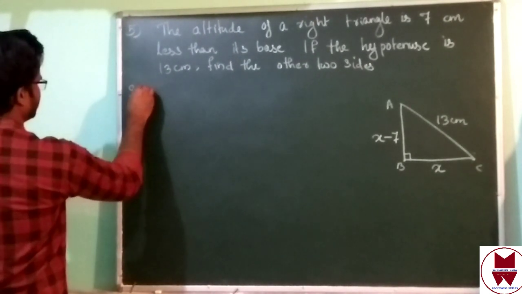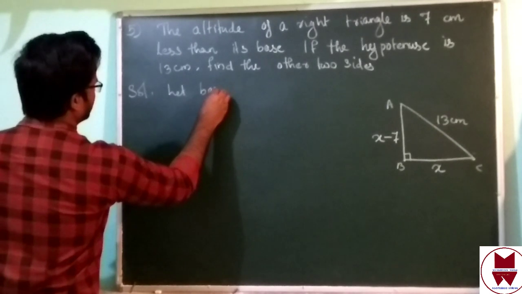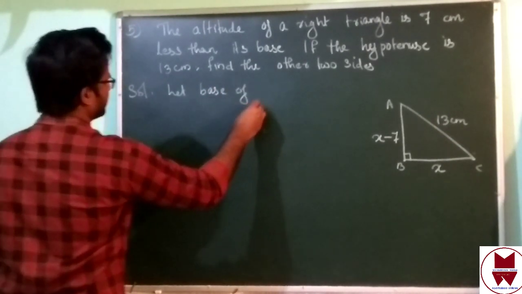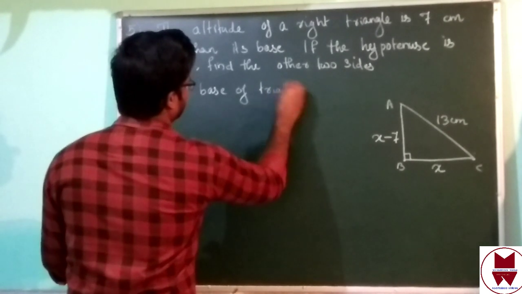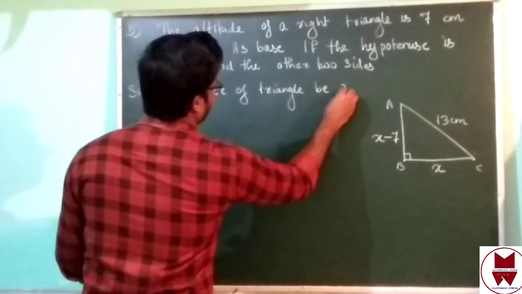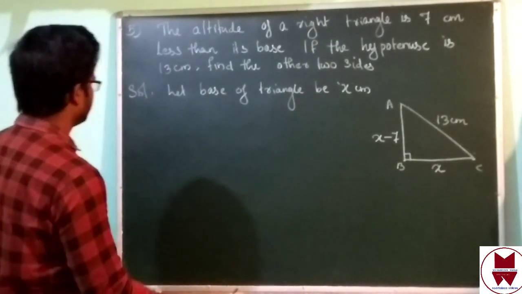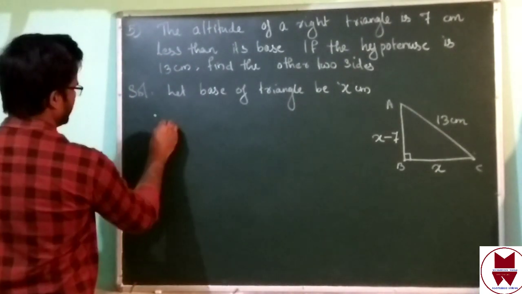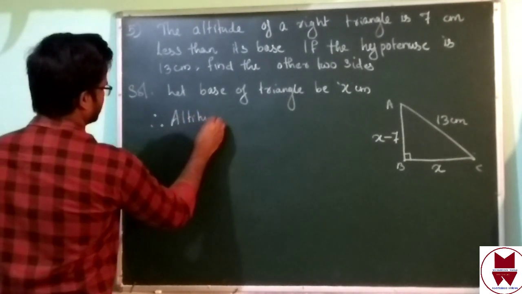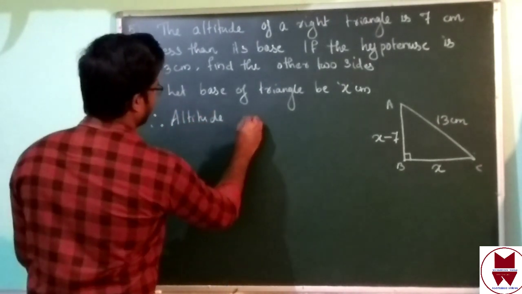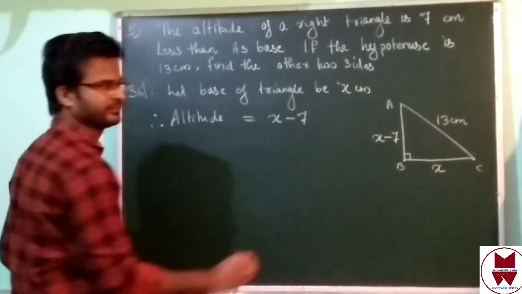We can start. Let base of triangle be x centimeter. Therefore, altitude equal to x minus 7, isn't it?